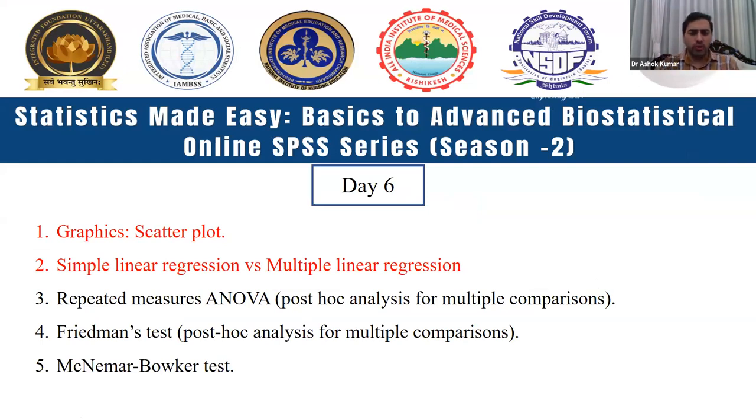When we do correlation between two quantitative variables, like height, weight, BMI, age, hemoglobin, quality of life and age, to plot these variables we have to use a scatter plot. On the x-axis there is the independent variable, and on the y-axis there is the dependent variable.